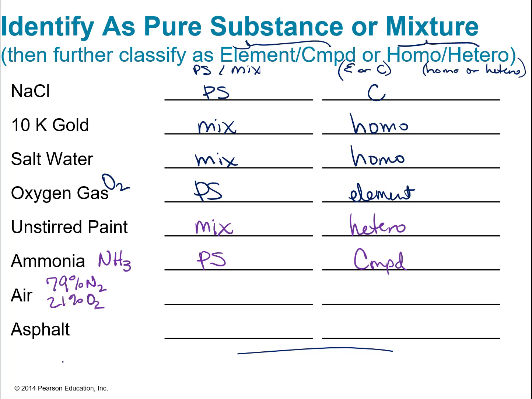So is this a pure substance? If 79% is nitrogen and 21% is oxygen, it's a mixture, right? There's more than one thing. Nitrogen and oxygen, the biggest components of the air, are floating around. So this is a gaseous mixture.